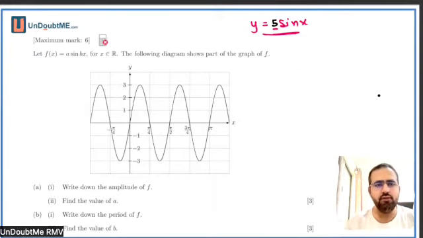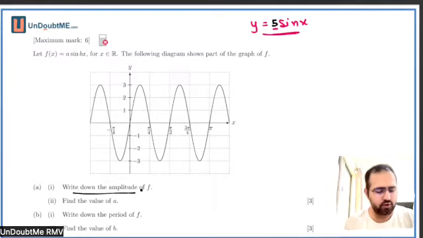The values of sine will fluctuate between -5 and 5. If you understand this much from that basic graph, you can very easily write down the amplitude for this. How much is it? Three. It's 3.